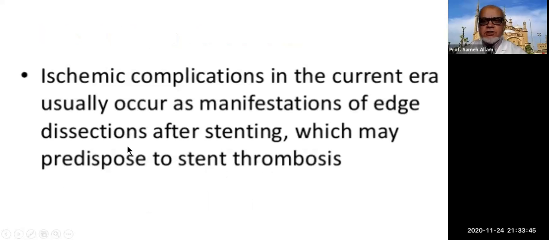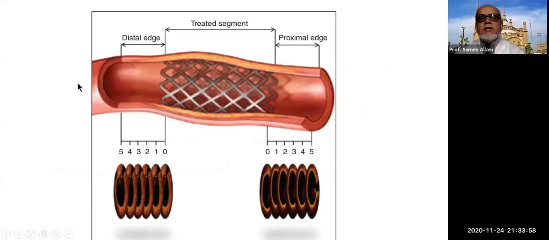The type of dissection which we should be concerned about nowadays and should be carefully looking at is the edge dissection after stenting, which may predispose to stent thrombosis and occlusion.